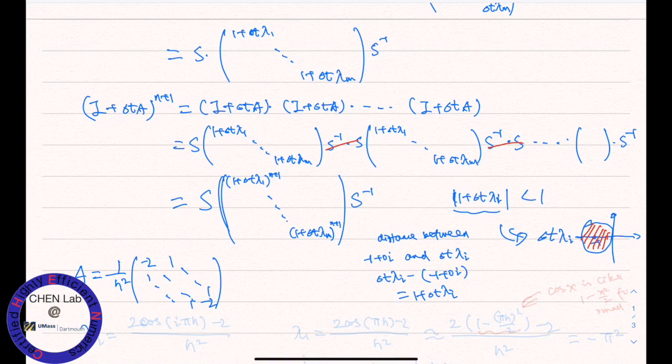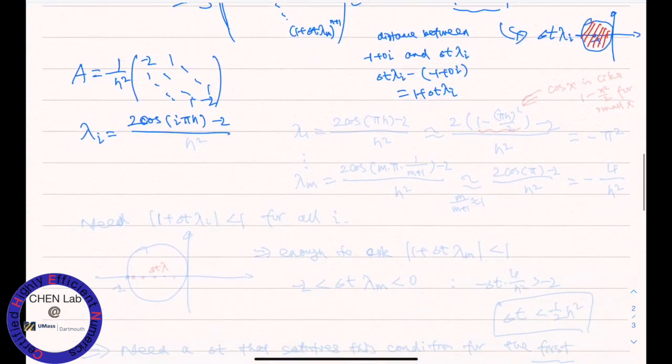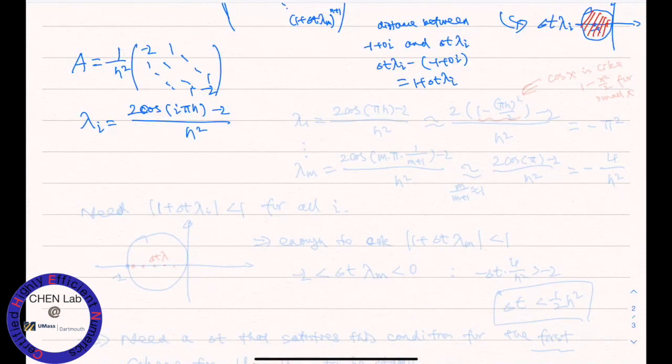We showed that lambda I is equal to 2 cosine I pi h minus 2 divided by h squared, if you go back a few videos. So if you look at lambda 1, which is 2 cosine pi h minus 2 over h squared, right?